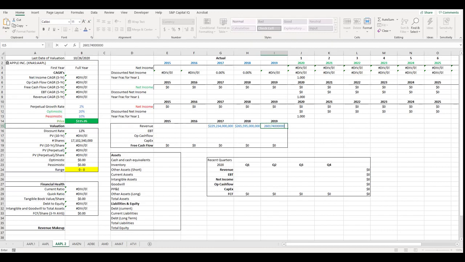123, 123. Okay. And now, let me look up the 10K for 2017 real quick so I can get these other values. Financial statements. Okay.